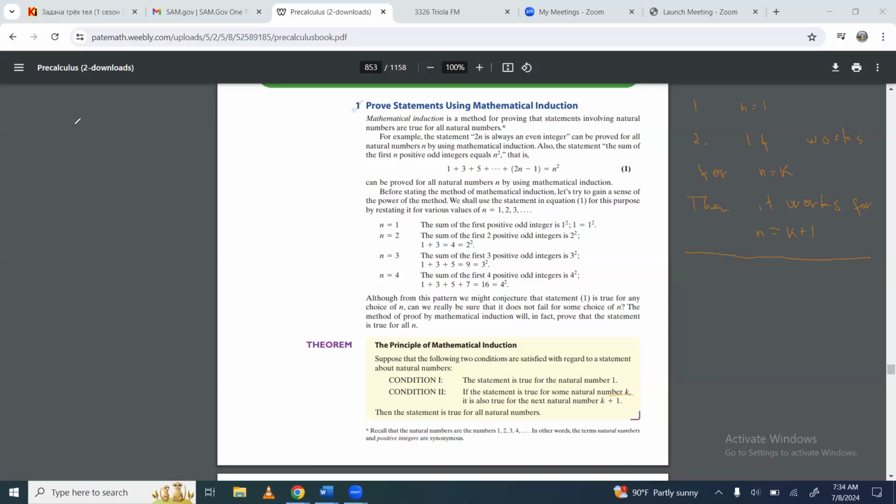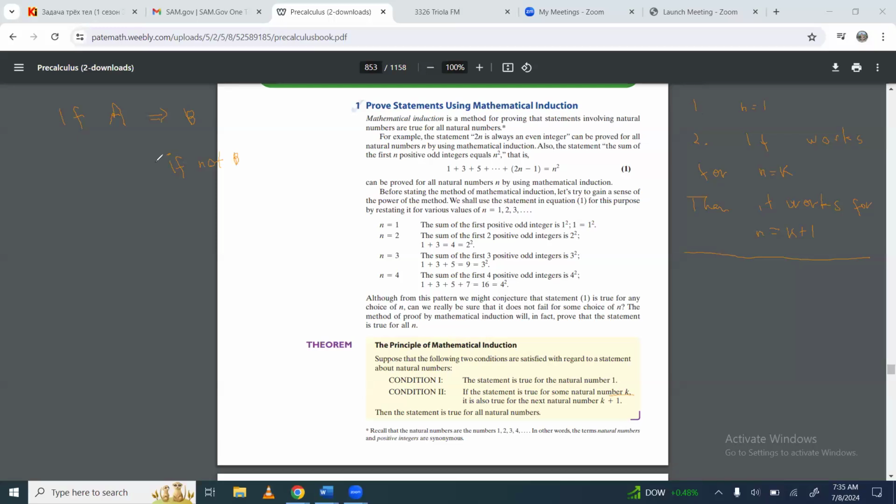So the key idea here: if A, then B is equivalent, if you negate both, to: if not B, then not A. That's from logic.